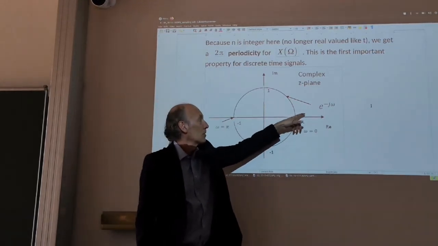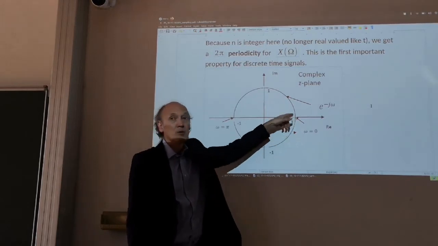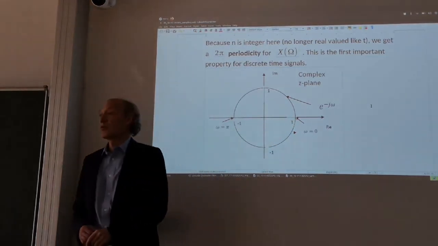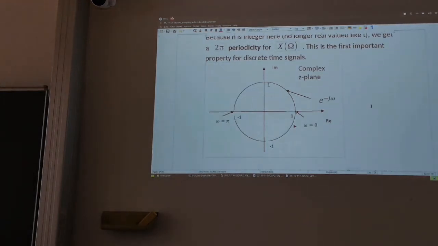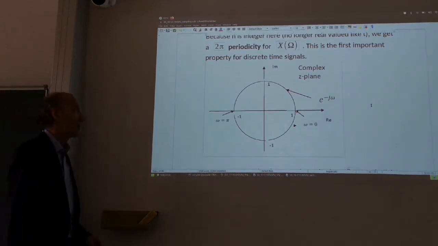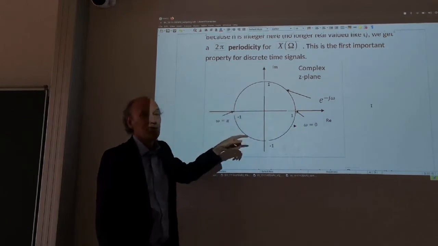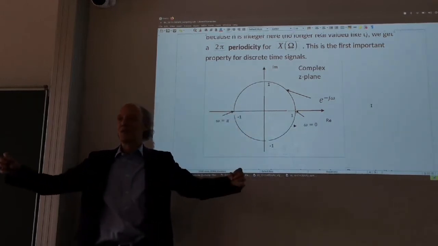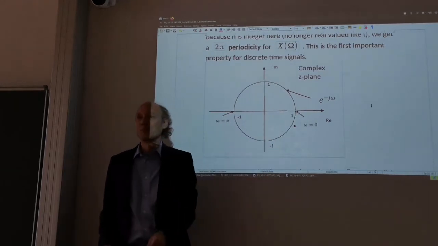And when you look at e to the minus j omega, it repeats. When you have omega 2 pi, it's identical to 0. So this is basically the frequency domain in discrete time signals. Instead of a line extending to infinity, here you have a closed circle which repeats.